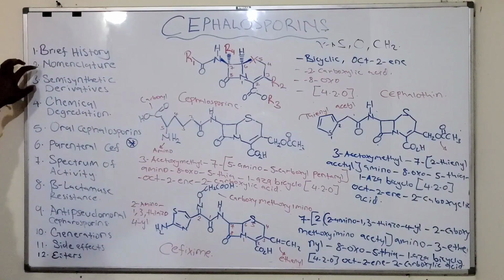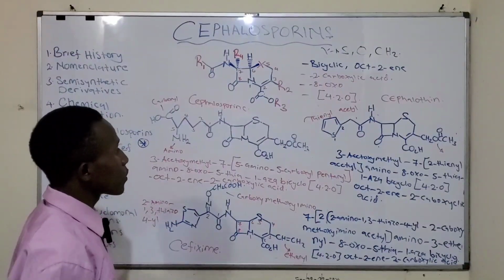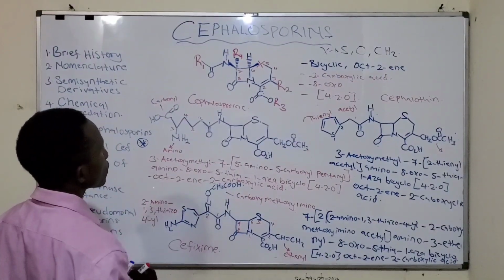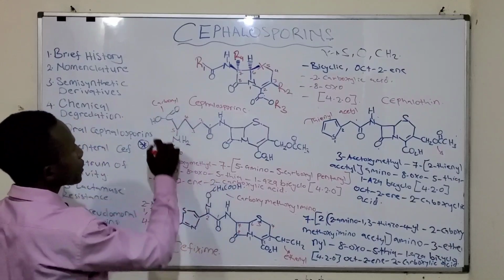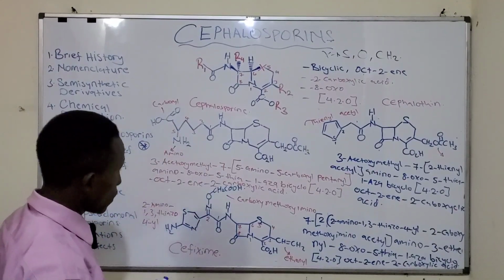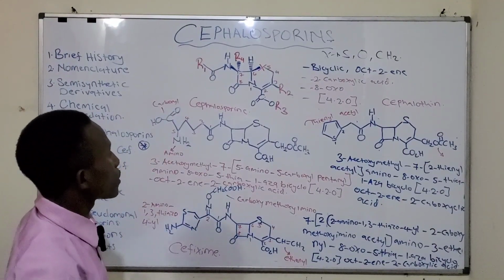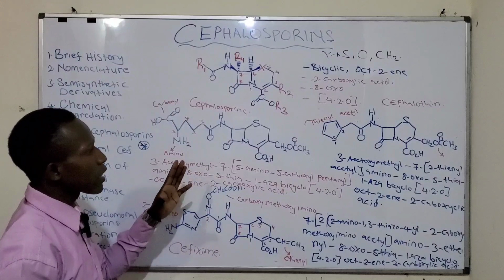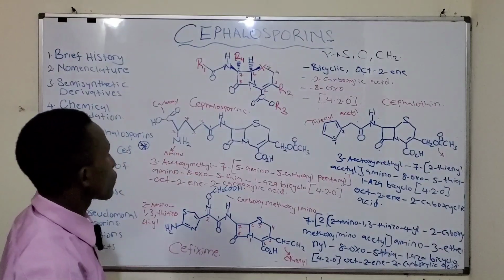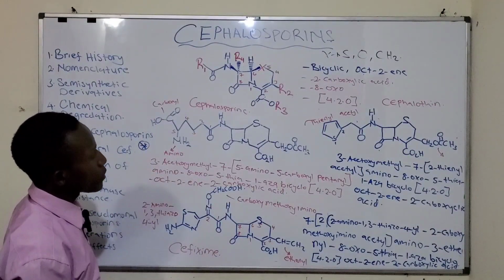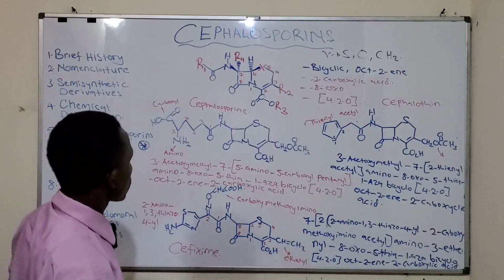Now, going to semi-synthetic derivatives, having found that cephalosporin C was highly targeting gram negatives rather than gram positives, it had a narrow spectrum because it was targeting few gram positives but many gram negatives.